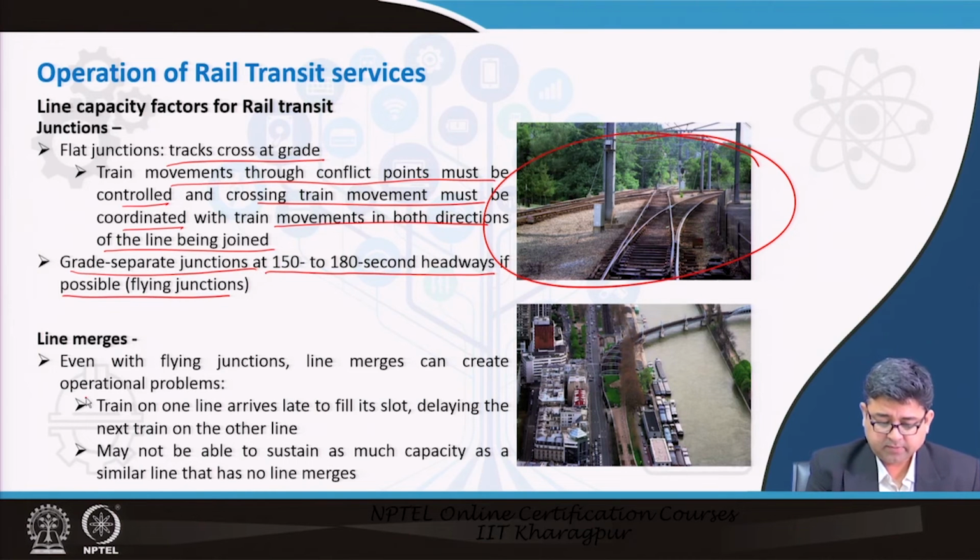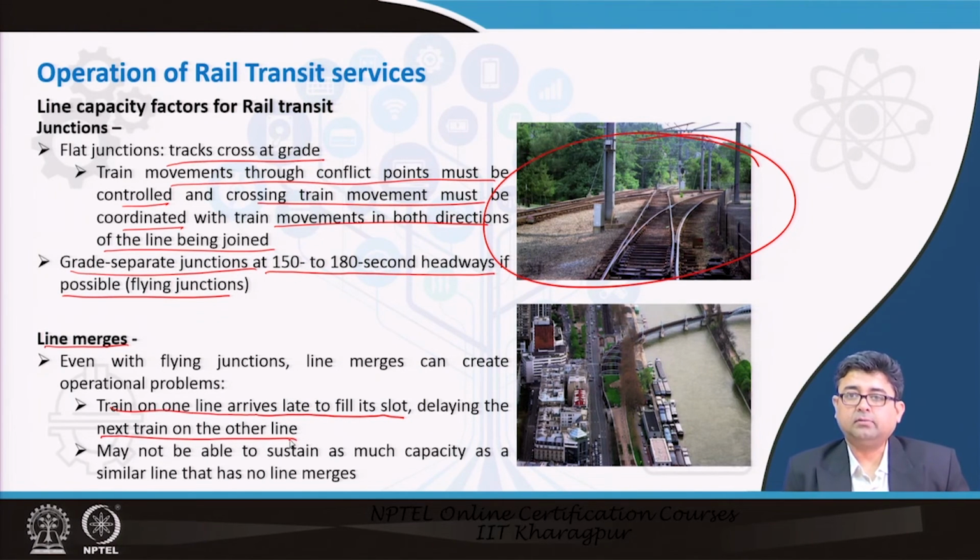Then there may be line merges at junctions where a train on one line arrives late, so it is late to fill its slot, delaying the next train. But usually these have right of ways, right. Right of ways do two things. Right of ways allow no interference with the other traffic, so you can provide reliable travel times.